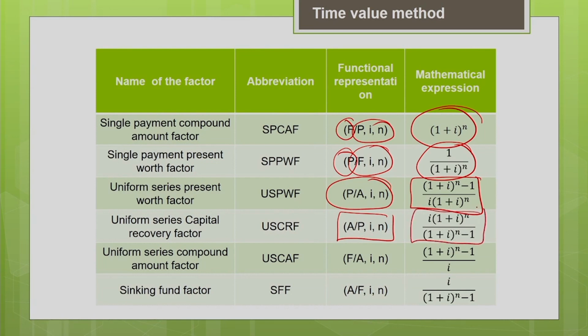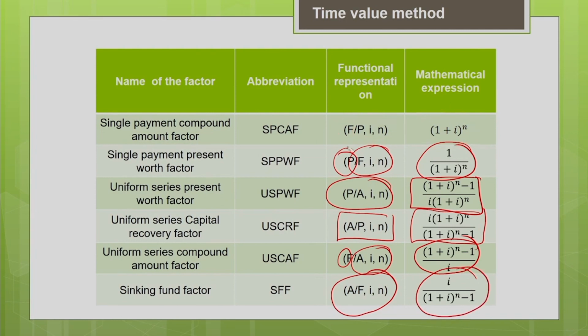This is the factor. Then the uniform series compound amount factor determines F for given A, I, N. So basically, if the current series is known and you want to know its future value, you can use this factor. Then the sinking fund factor, which is just an inverse, determines A for the known F, I and N. They are made equivalent by this factor.